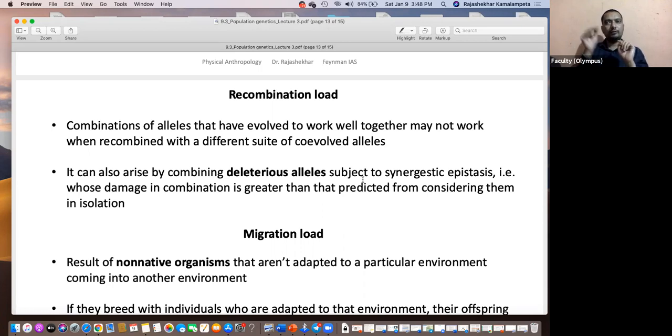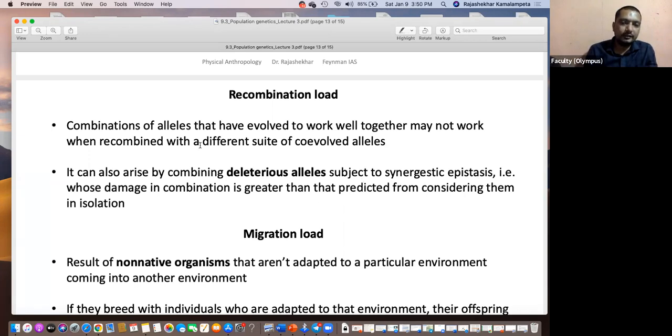So what do you give to the next generation? A combination of both of your parents. So this is the recombination process. But what if recombination creates a variety that is inferior, that reduces fitness? Can you call it recombination load? The load that is created because of the recombination process. That is called recombination load.